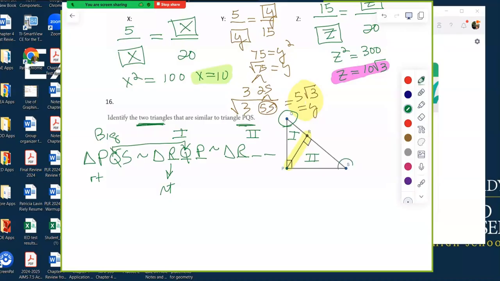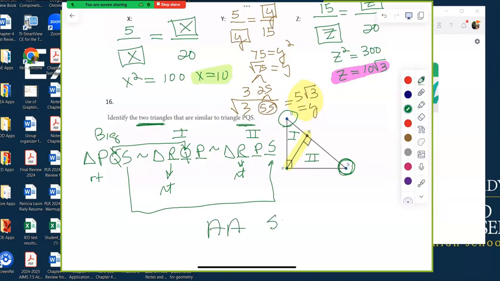Triangle 2 has a letter in common with the big triangle also. That is letter S. Letter S is in the last spot. Put it in the last spot here. What's the third letter we haven't used yet? It's going to be a P. Okay, this is a right angle. That's a common angle. So you have AA similarity, and that's how I figured it out.